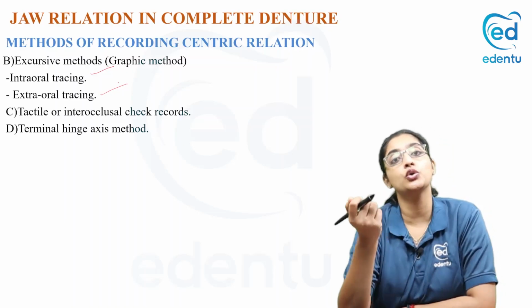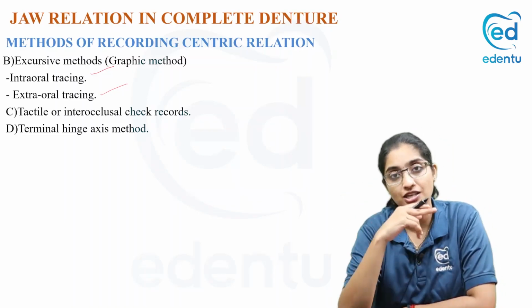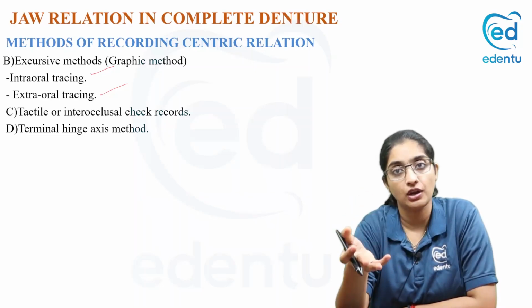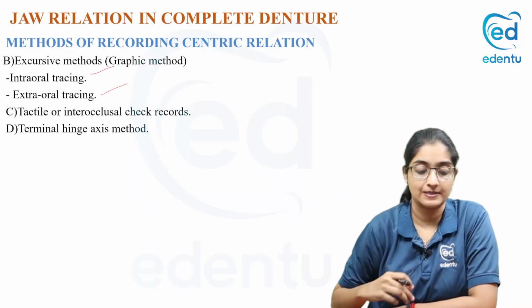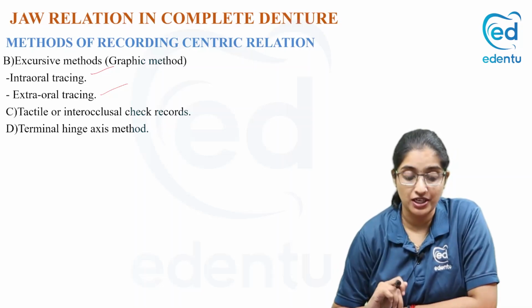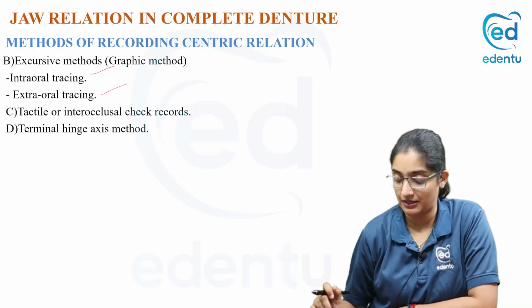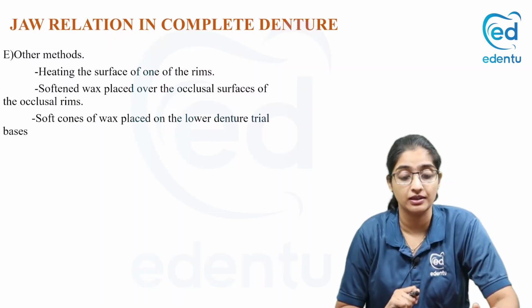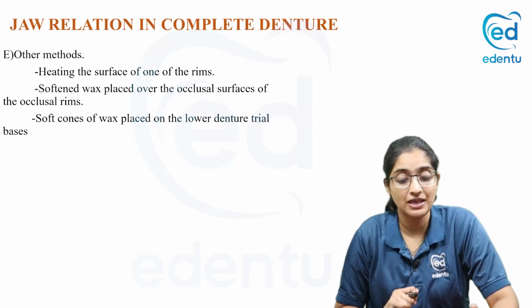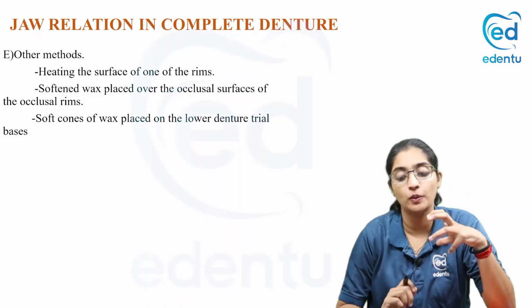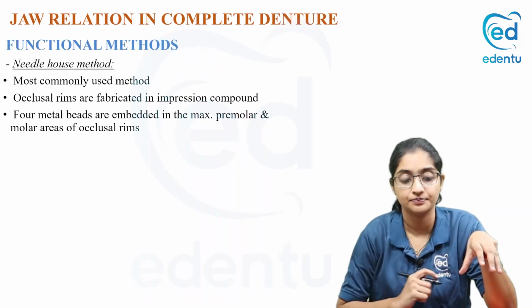You have something called Gothic arch tracers, which is attached to the occlusal rims, and then you record the intraoral and the extraoral tracings. And then you have tactile or interocclusal check records and terminal hinge axis method. Other methods are heating the surface of one of the rims, softening the wax placed on the occlusal rims, and then softened cones of wax are placed and the lower denture trial bases are done.